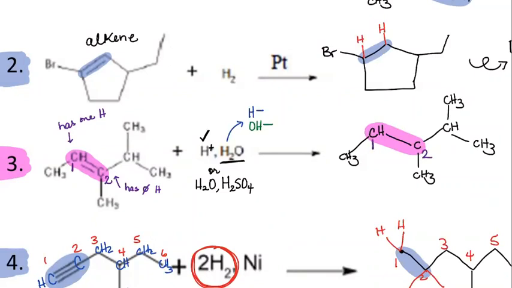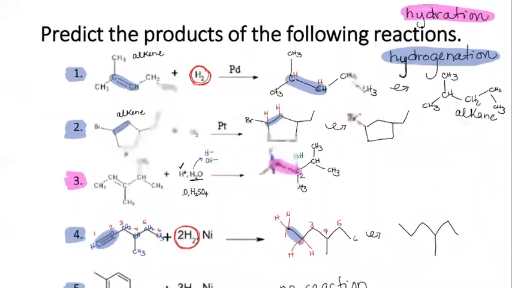According to the rules of who gets the H and who gets the OH, the carbon that has the most hydrogens gets the hydrogen. So this carbon is going to get the hydrogen. What does carbon number 2 get? Carbon number 2 is going to get the OH. So how does the product look if I redraw it?